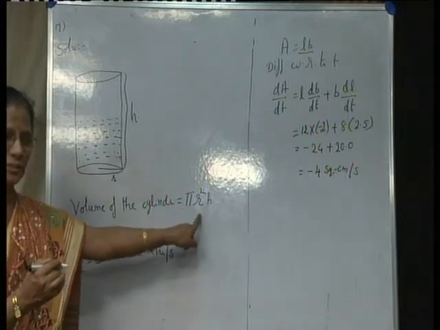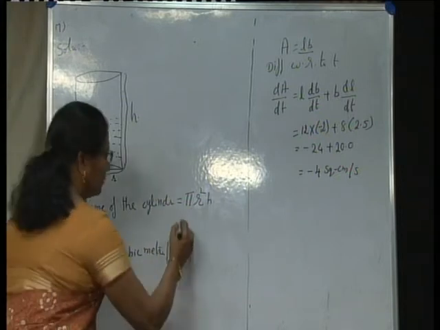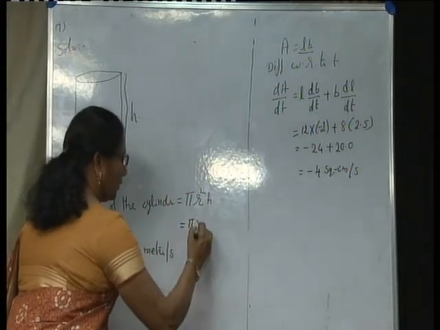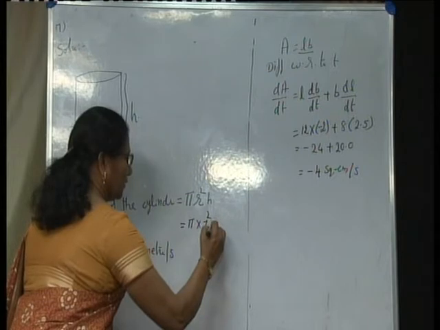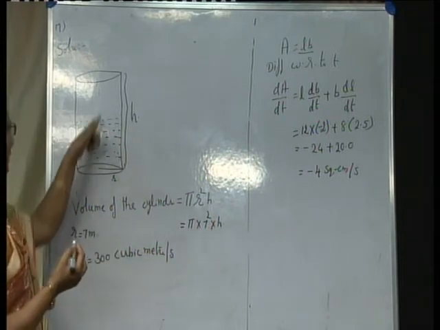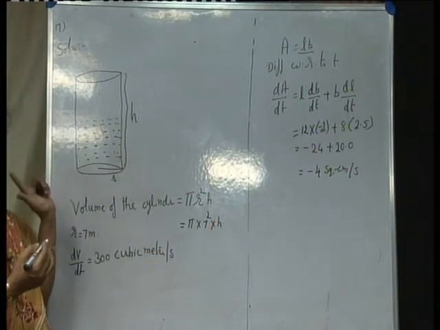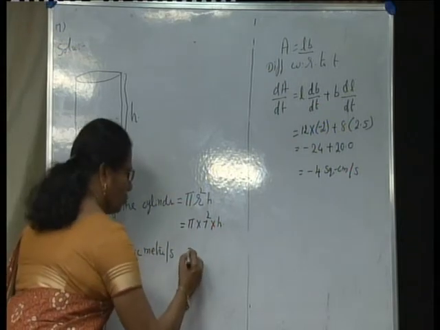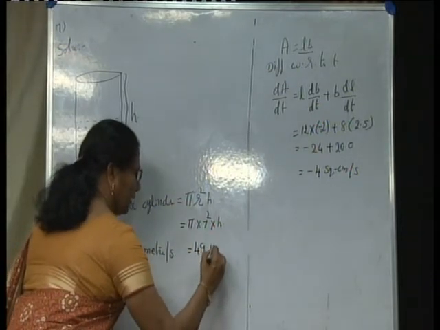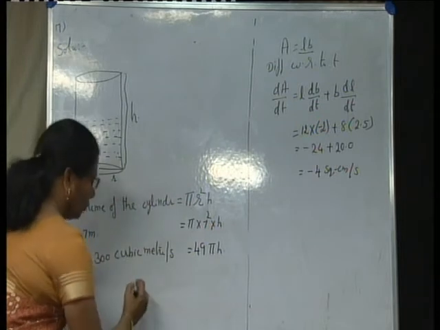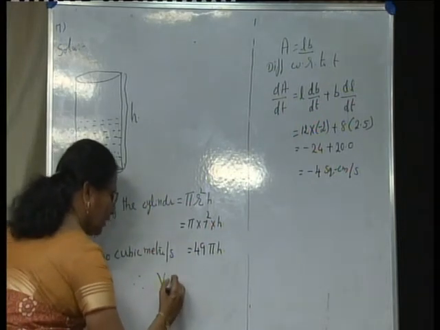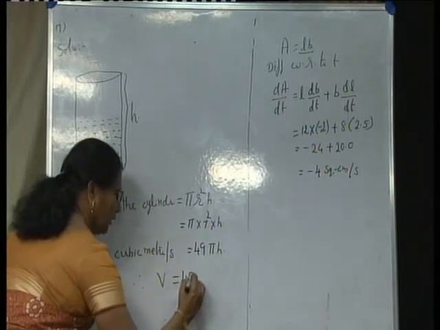So, r is constant, that value is given 7. So, pi into 7 squared into h, only h varies here when you pour the water in the cylinder. So, this is equal to 49 pi h. Therefore, volume of the cylinder is equal to 49 pi h.